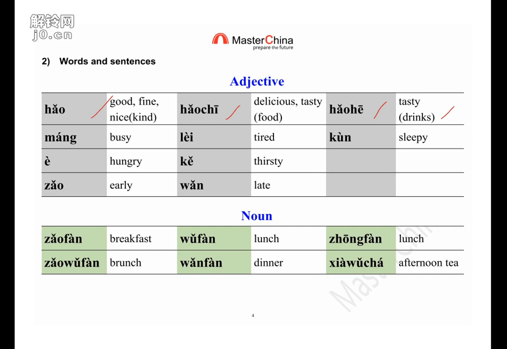Next one, adjective is, I gave you more, it's 忙, busy. So you can see it's busy. 累, tired. 困, sleepy. 饿, hungry. 渴, thirsty. 早 and 晚.